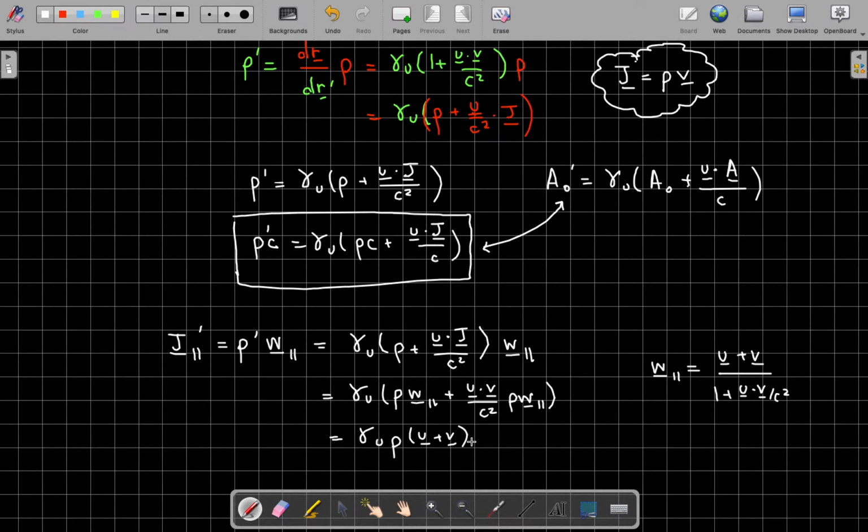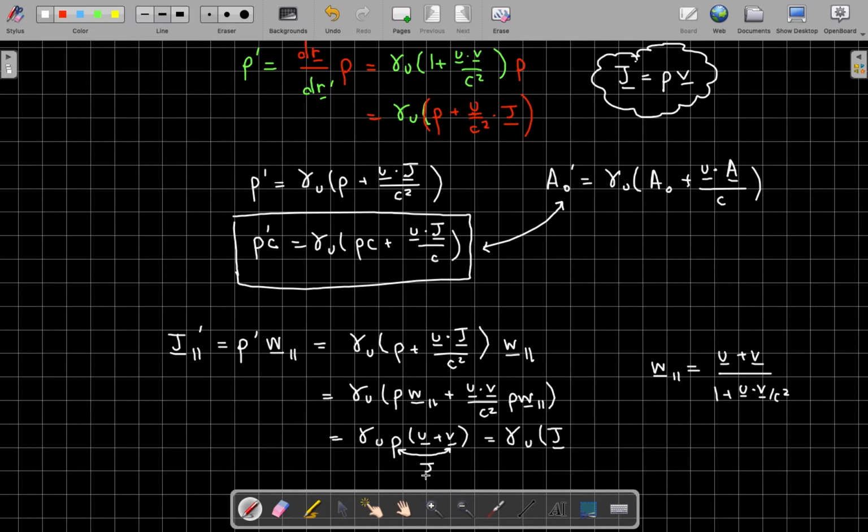We're almost there. Actually, we're pretty much there. Why? Because this tells me that this is equal to gamma u j, right? This j is this rho times v.